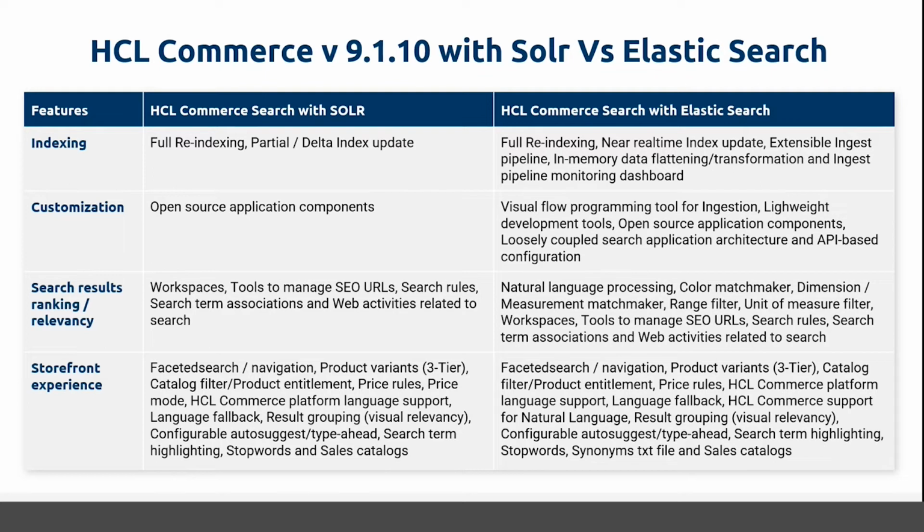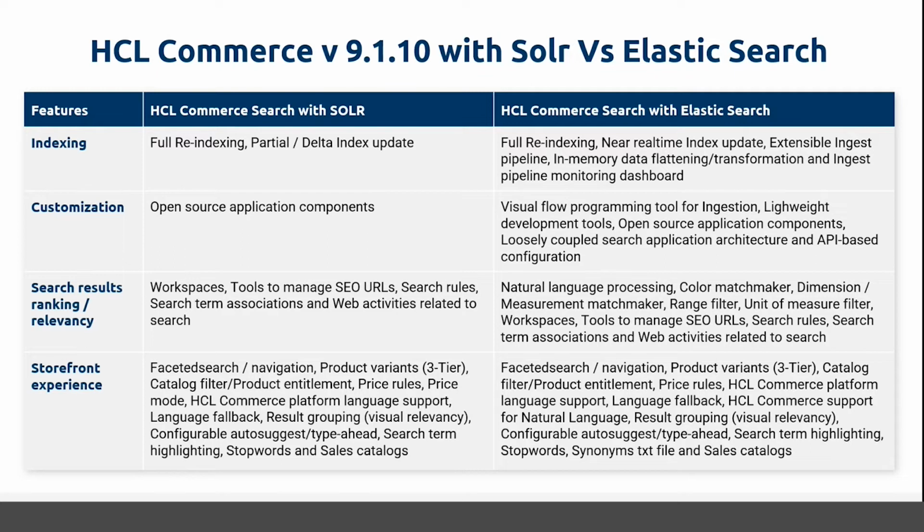Whereas HCL Commerce Search with Elasticsearch supports natural language processing, color matchmaker, dimension measurement matchmaker, range filter, unit of measure filter, workspaces, tools to manage SEO URLs, search rules, search term association, and web activities related to search.